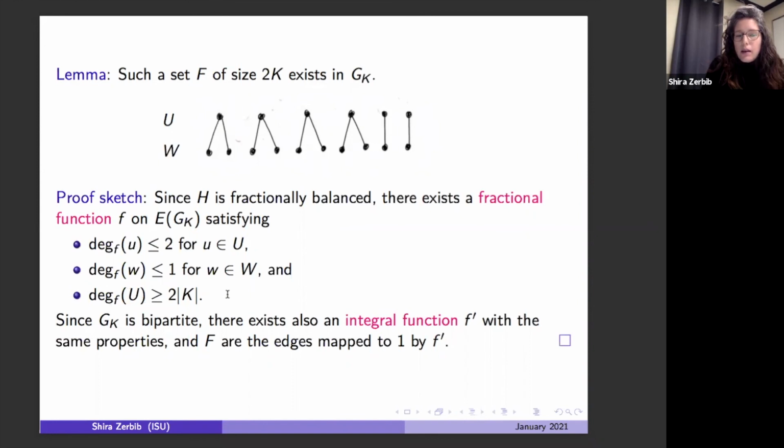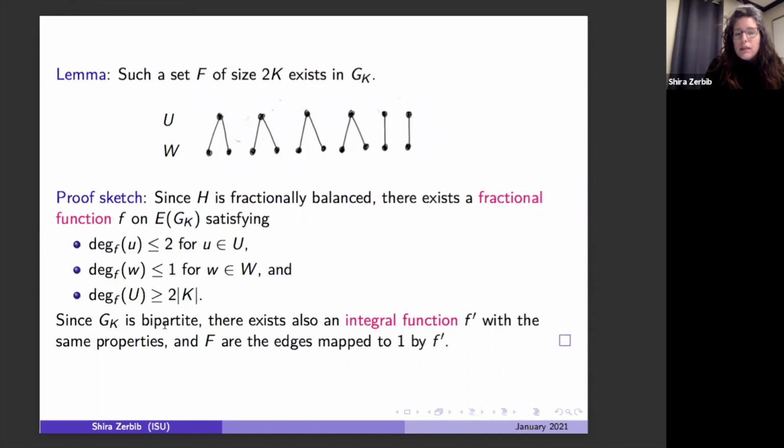To see this, just work with the sizes of U and W and with the conditions of what it means to be fractionally balanced. This is very easy to see that such a function exists.